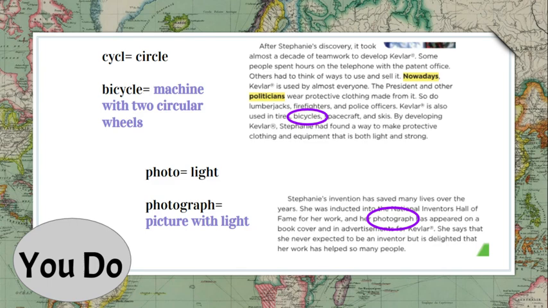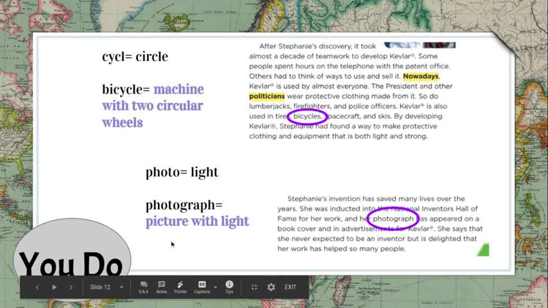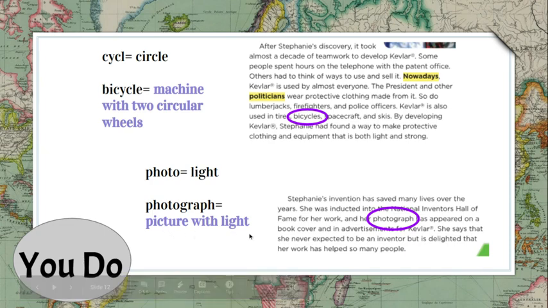So a bicycle is a machine with two circular wheels. Then we had the word photograph, and we know that photo means light, and we also should know that graph means something to do with writing or drawing. So you might have said photograph is a picture with light.